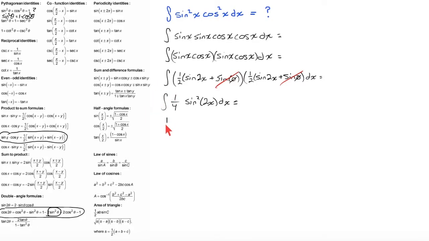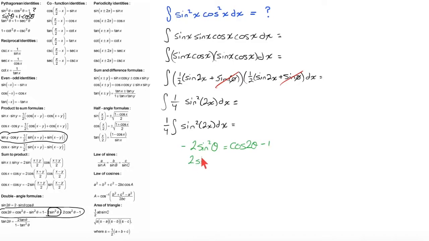So let me put this out here: 1/4 integral sine squared of 2x dx. And let's rewrite what the identity is saying. Minus 2 sine squared theta is equal to cosine 2 theta minus 1.